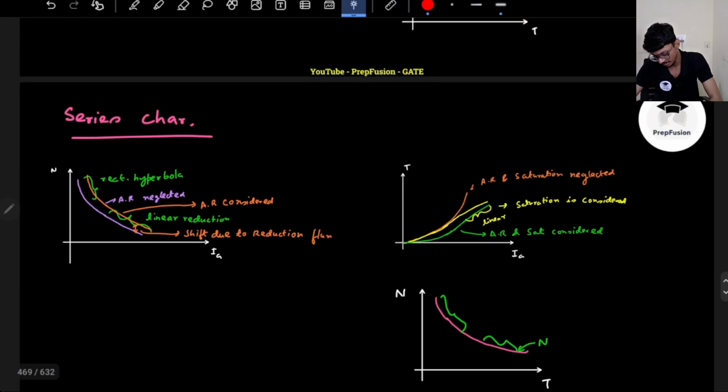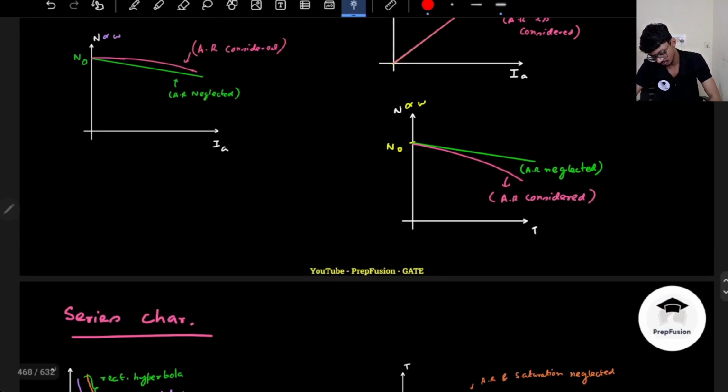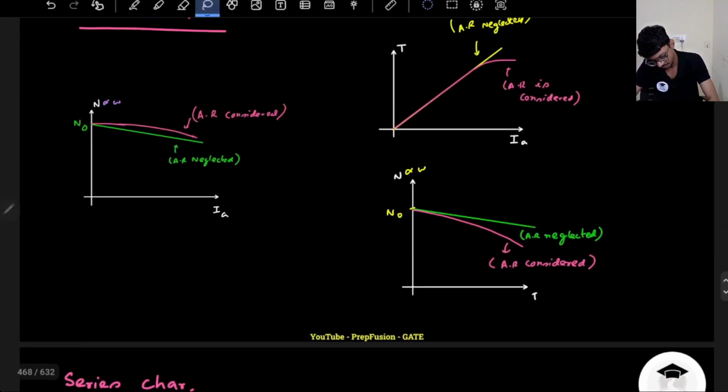So let me again copy and paste the torque speed characteristics of both the machines.